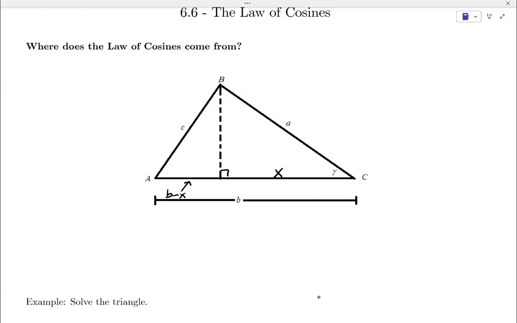So let's look at this triangle here on this side. Certainly there's one relationship that we can come up with for x in terms of gamma and a. What could you use to relate x, gamma, and a in that right triangle, the right side right triangle?